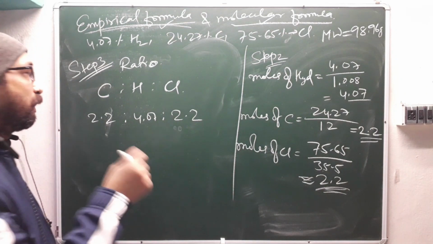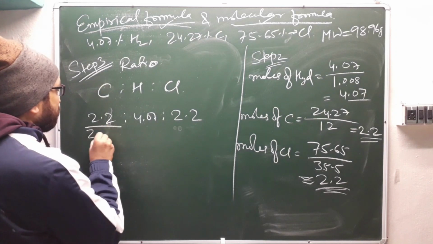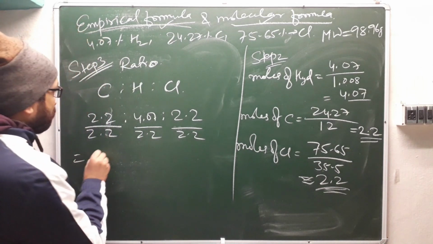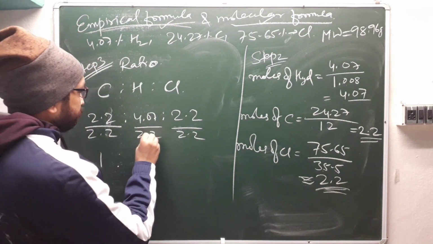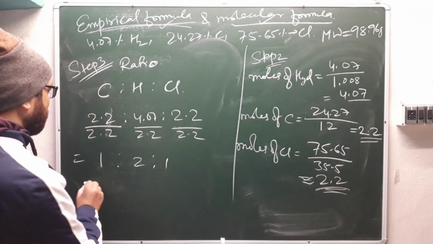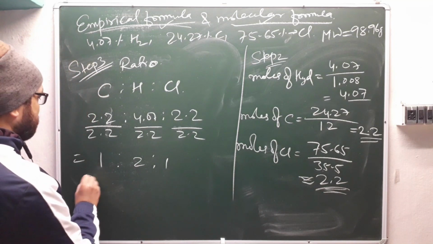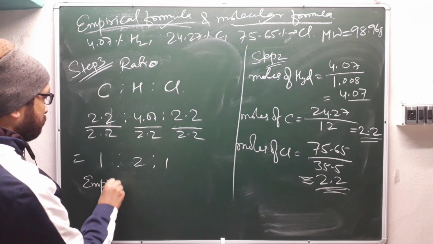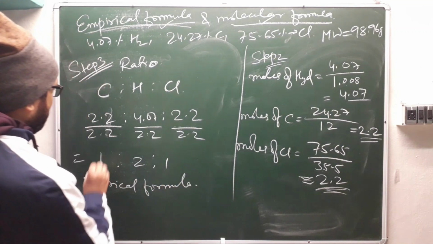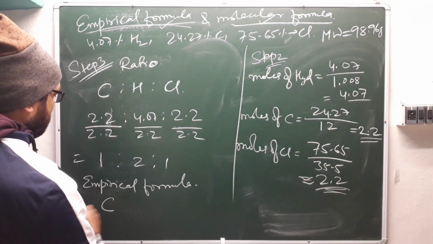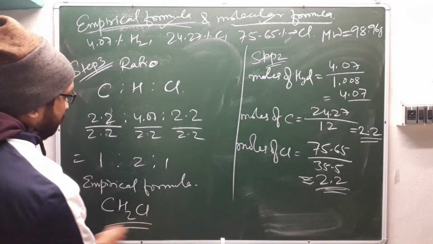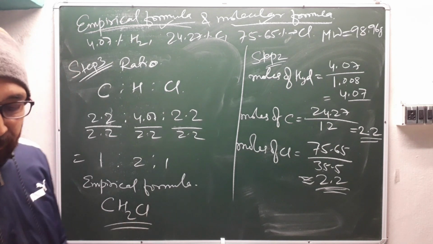Dividing each by 2.2, how much is it coming? 1 to 2 to 1. So what will be the empirical formula? One carbon, 2 hydrogen, and one chlorine. This will be your empirical formula.